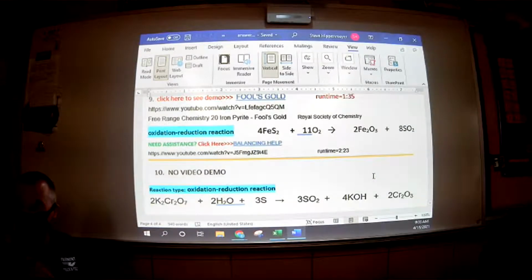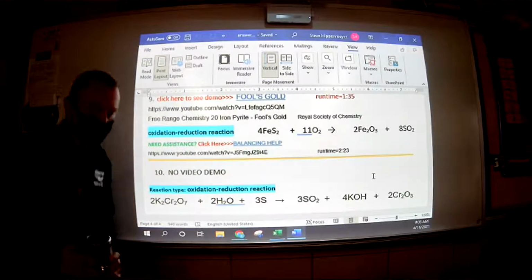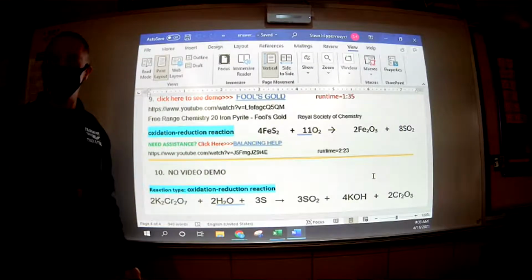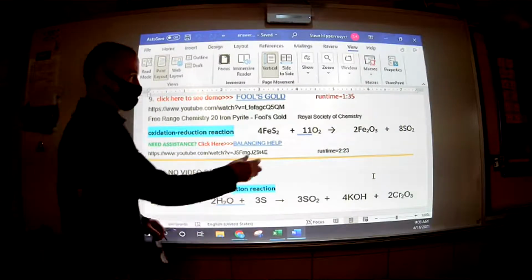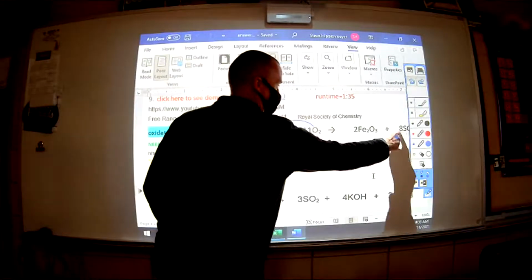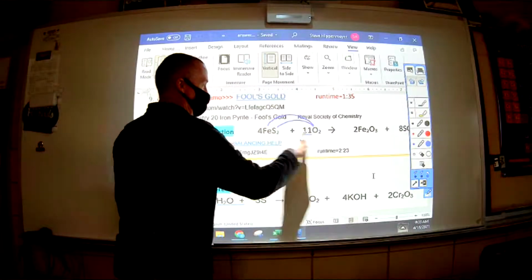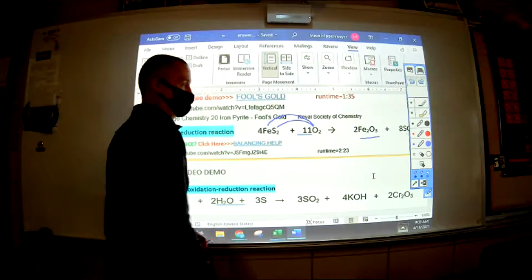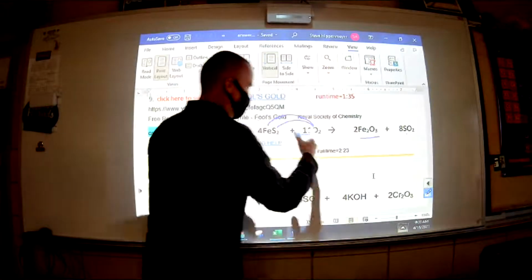It's just not the combustion of a hydrocarbon. You see why it's not single or double? In combustion reactions, in the presence of oxygen, the oxygen joined the sulfur, and then the oxygen also joined the iron. So we had oxygen joining two of the things.